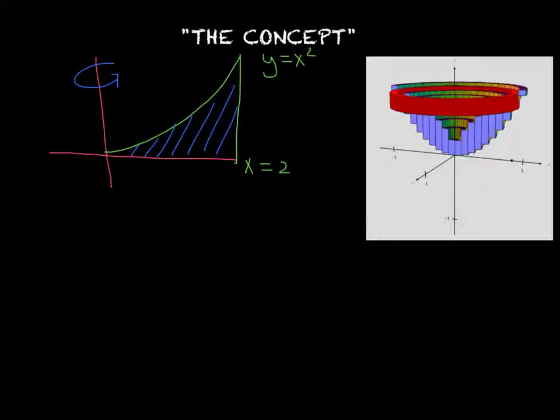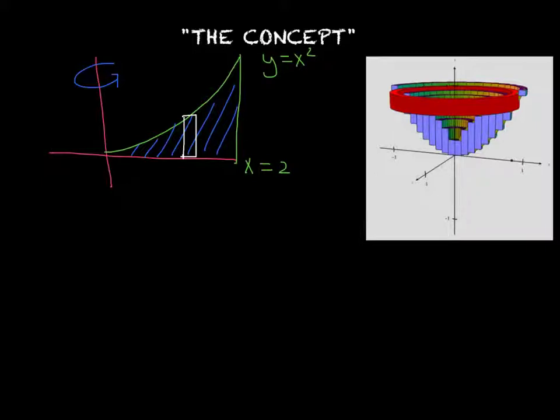Up to this point, for this particular problem we would have to use the washer method. But instead, now we're going to learn something called the shell method. In the shell method, we draw a rectangle that this time is parallel to the axis you're rotating it around.